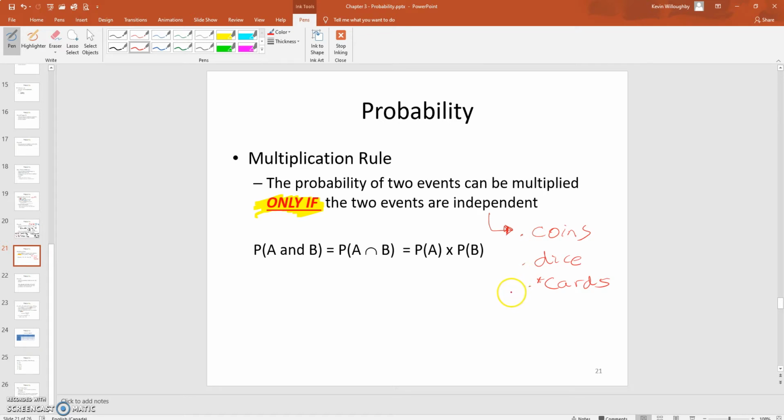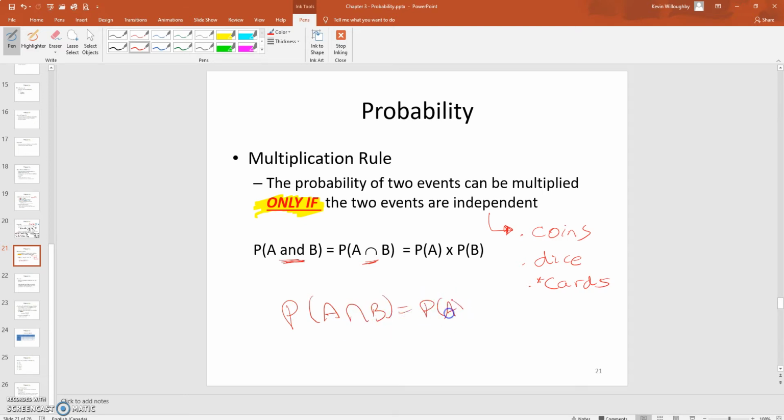Anything else has to be specified in the question as independent for us to continue with this multiplication rule. The keyword here is and. It has this upside down symbol, which is read as: what is the probability of A and B occurring?